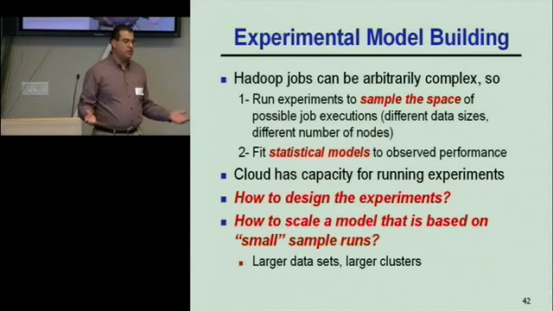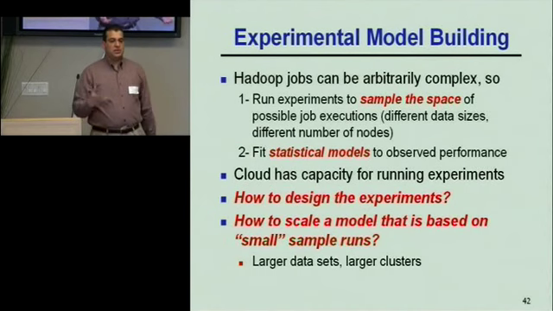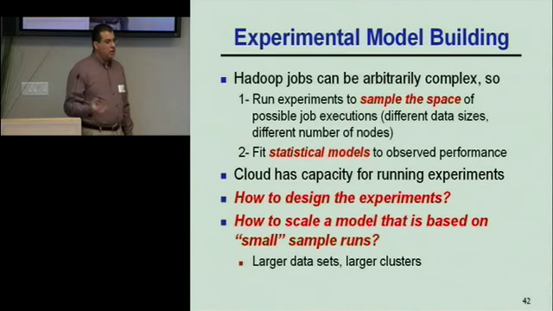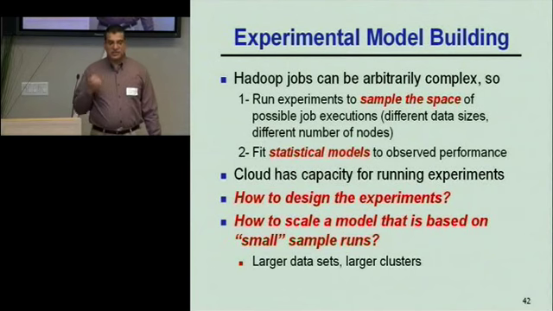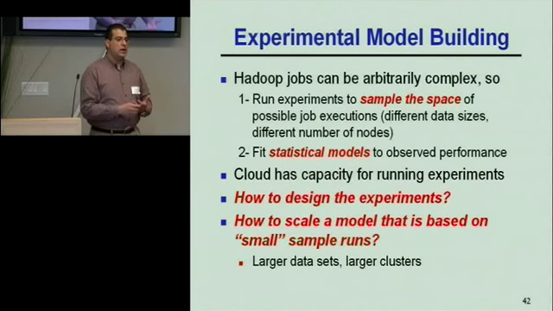Since I'm using a cloud infrastructure, I have a capacity to run experiments, but there are still challenges that I need to address. First challenge is, how do I design these experiments? Okay, do I have a full factorial design, or do I have something more fancy to minimize the number of experiments I need to run and get the most improvement in accuracy per sample?